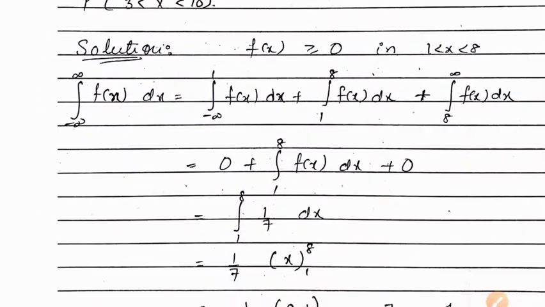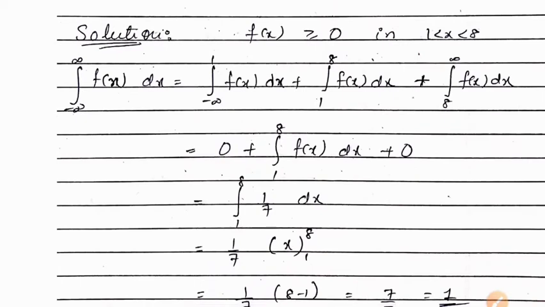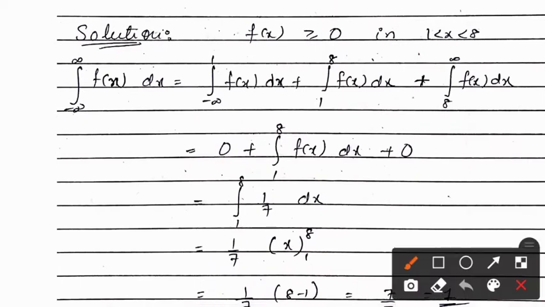So first we will prove that it is a probability density function. Now here f(x) is greater than 0 between the value 1 < x < 8, between the value 1 to 8. So according to our definition, we have to find the integration from minus infinity to infinity of f(x) dx first of all, right?